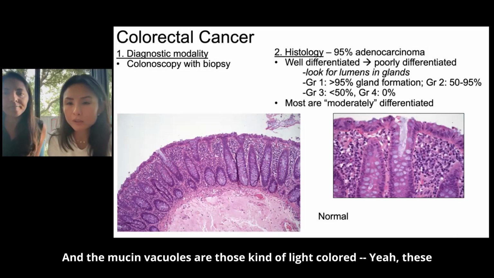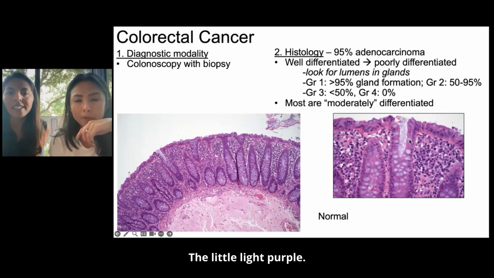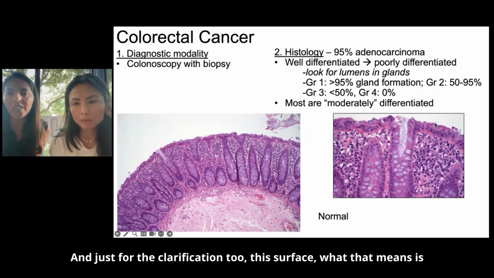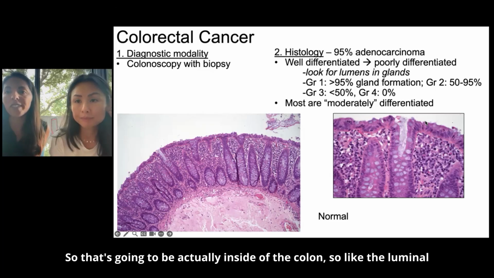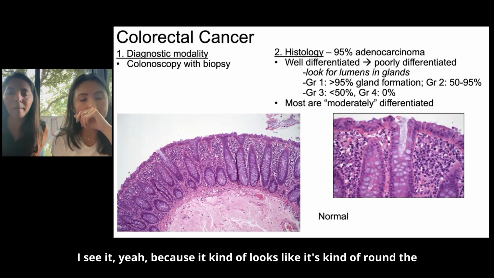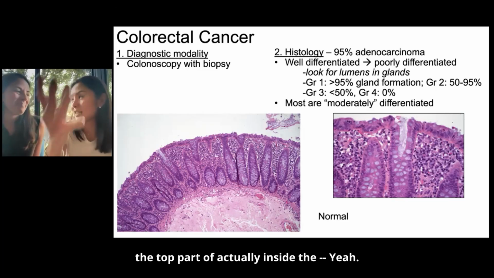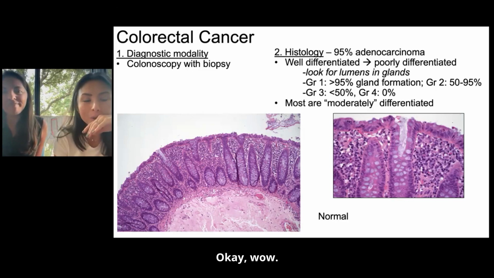The mucin vacuoles are those light colored, these little purple blobs here. And just for further clarification, this surface means the lumen, so that's actually inside of the colon, the luminal surface of the colon. I see. Yeah, because it kind of looks round the other way. Yeah, the top part is actually inside. Okay. Wow, I actually didn't realize that.